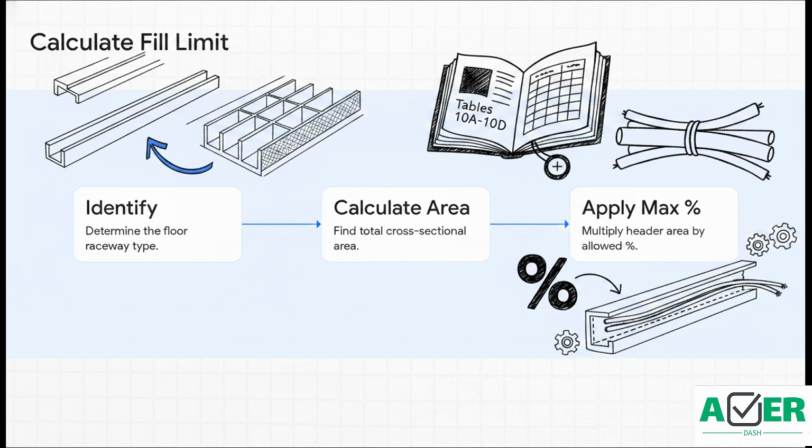Determine the aggregate cross-sectional area of all the insulated and bare conductors you're actually planning to install. You're going to use the tables in the code for this, specifically Tables 10A to 10D. And finally, Step 3. Apply the maximum percentage rule for that specific raceway. You basically multiply the total interior area of the header feeding the cells by the allowed percentage to make sure your conductor area doesn't go over that limit. It's a very systematic process, completely designed to keep the installation safe.